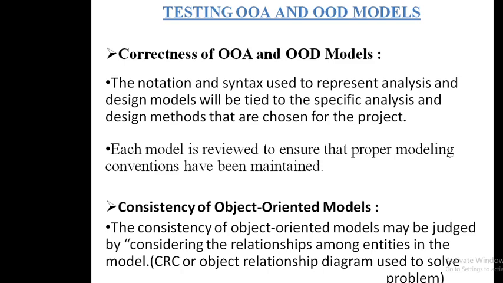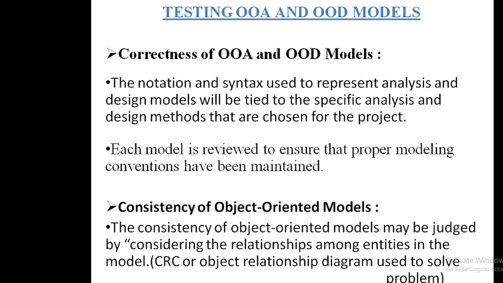One is correctness of object-oriented analysis and object-oriented design models, and the second point is consistency of object-oriented models. So in two ways we can evaluate the models for object oriented analysis and object oriented design. One is correctness and the second one is consistency.